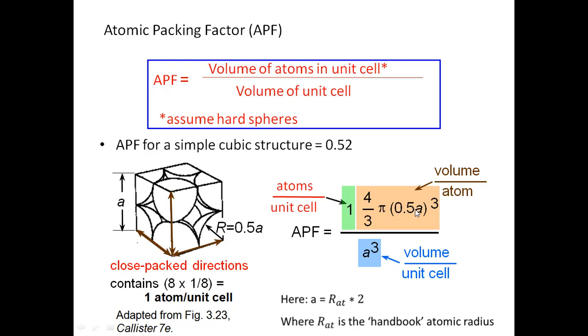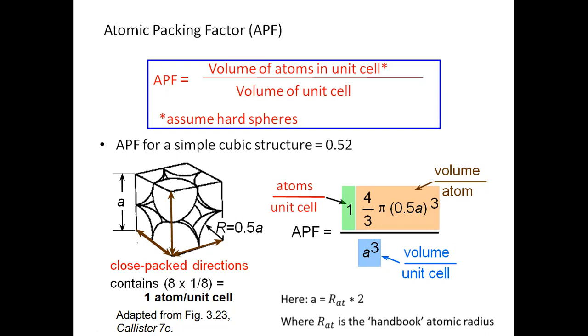Are we able to calculate for it? Yes. So how do we find the APF? In order to find the APF, we simply make A the subject of the formula.